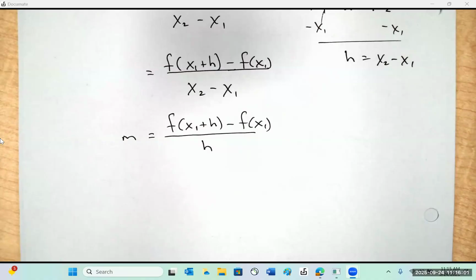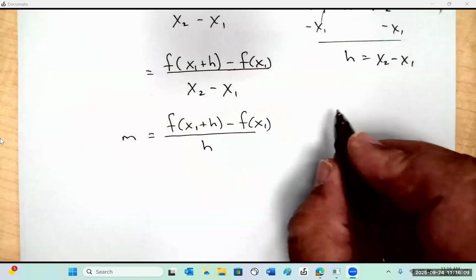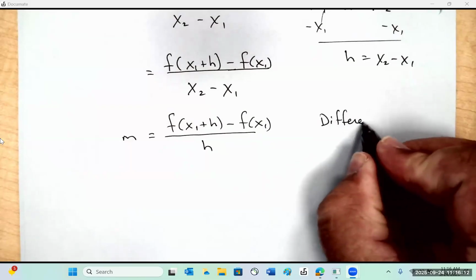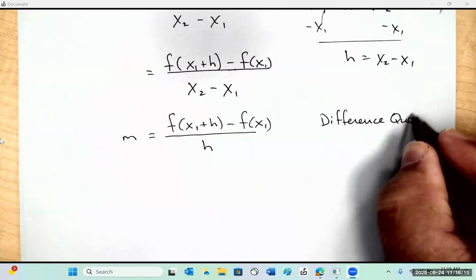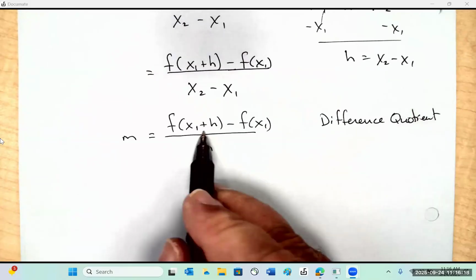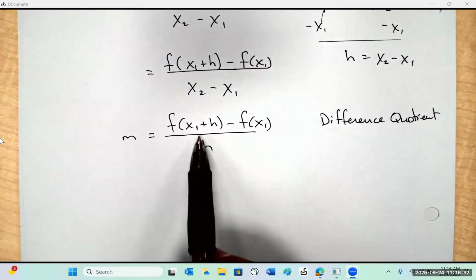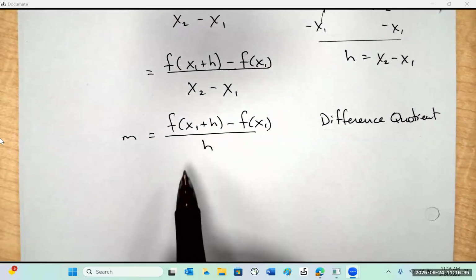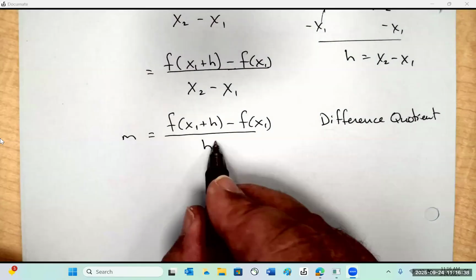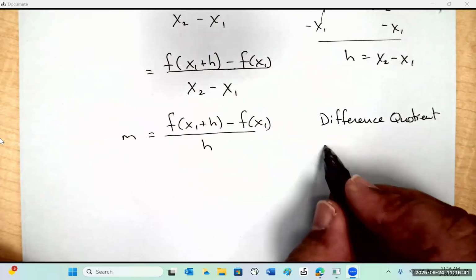Okay, so what do we call that equation? The difference quotient? The difference quotient, very good. Because it's a difference, because we have a subtraction on top, and it's a quotient because it's a fraction. So that is how we can now look at any function given, we can find the slope of that function at any 1 point, just by looking at this. Now remember, what does h represent?